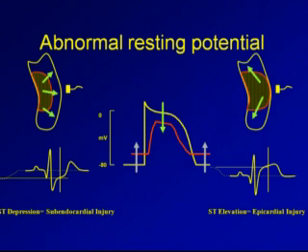Now, since we don't really start on our recordings with a true zero line, you don't get to see this upward shift. When the cells all complete depolarization, they're all going to depolarize to the same plateau phase. So there's going to be no net potential difference between one part of the heart and the other. So when I get to my ST segment, it's telling me my true zero line.